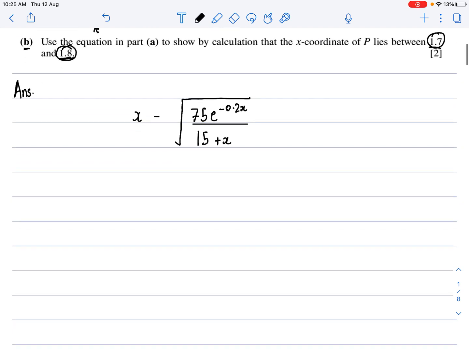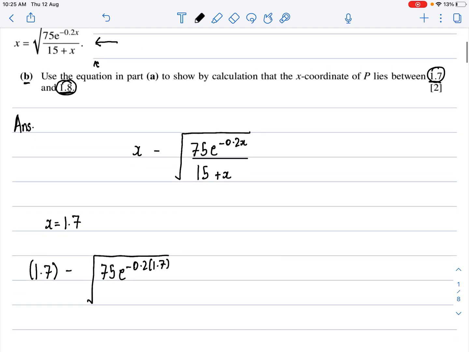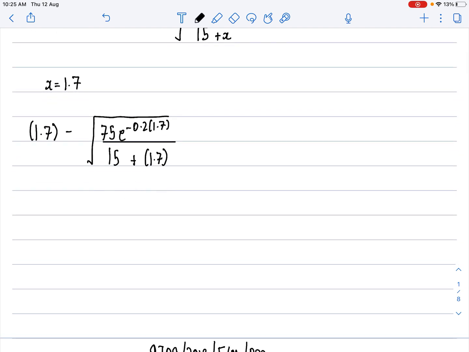Now, first take your x as 1.7. That means in the place of x put 1.7, so I have 1.7 minus the root of 75 into e raised to minus 0.2 into 1.7, divided by 15 plus 1.7.